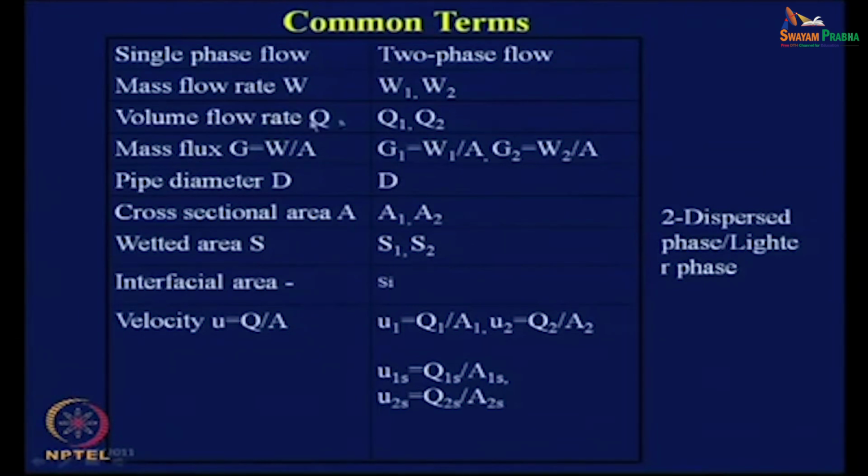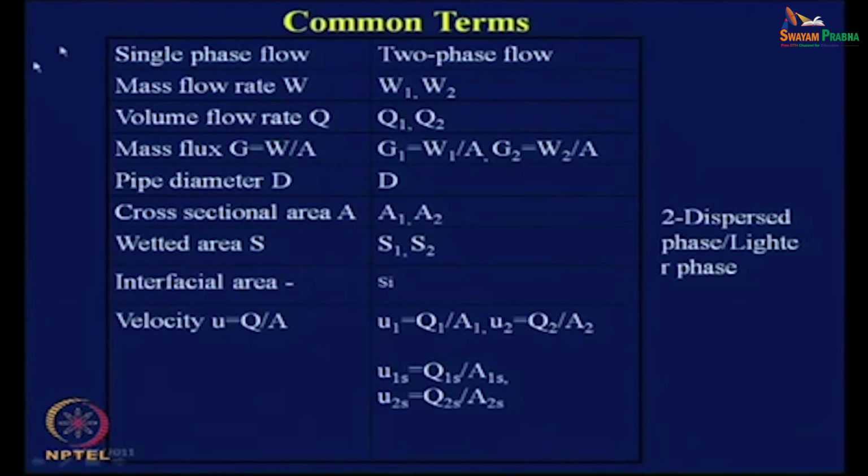Then volume flow rate Q1, Q2. Please remember, both the mass and the volume flow rates are extremely important whenever we try to characterize single phase flows. In this case also it is very important, but along with this the in situ volume composition and the in situ mass fraction are also equally important.